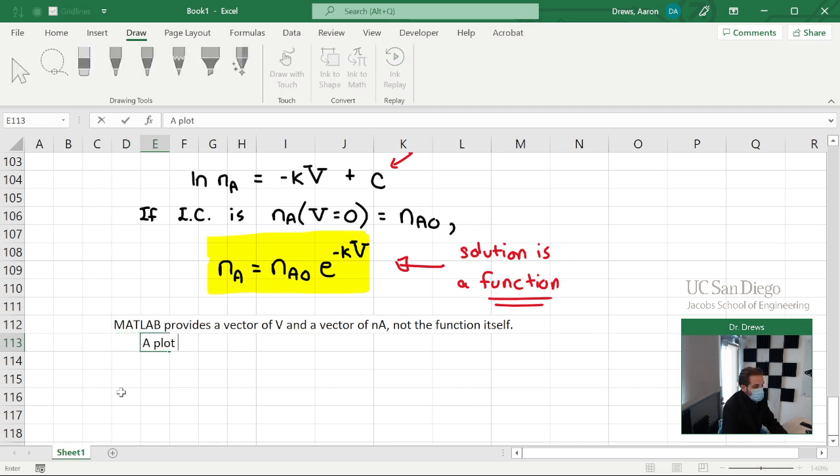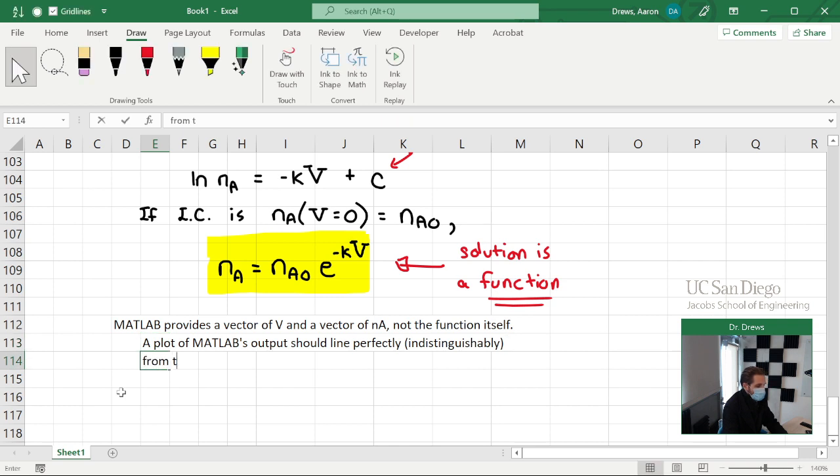On the other hand, though, a plot of MATLAB's output should line up essentially perfectly, indistinguishably, from the analytic solution. And it's really good at doing those. We're going to see a little bit of that towards the end of class today.